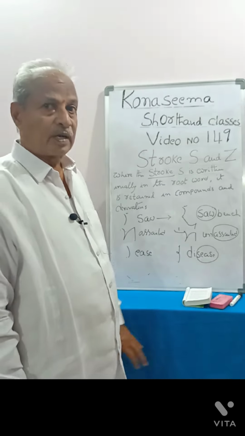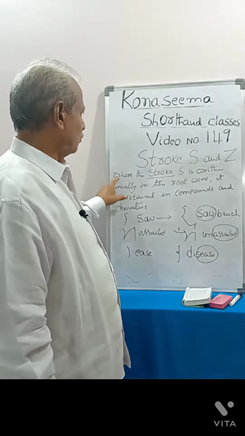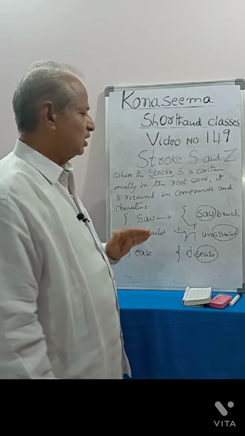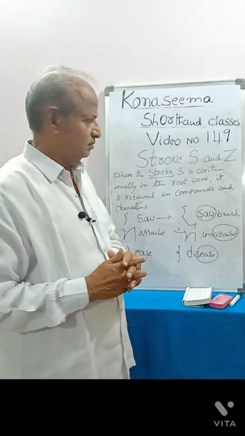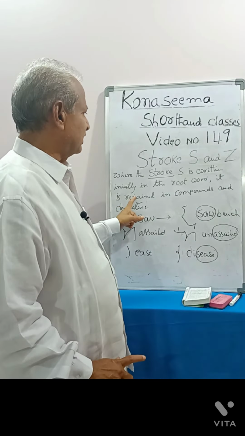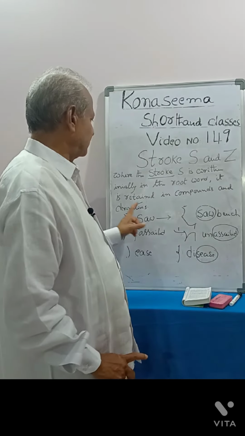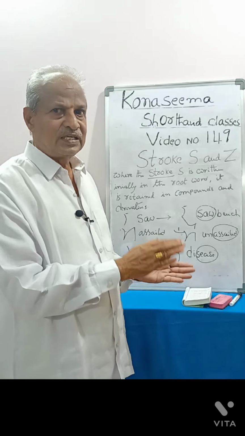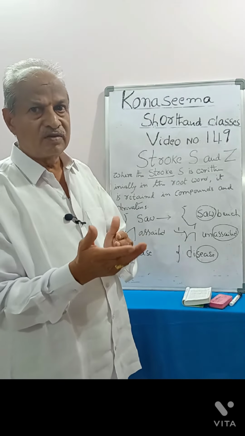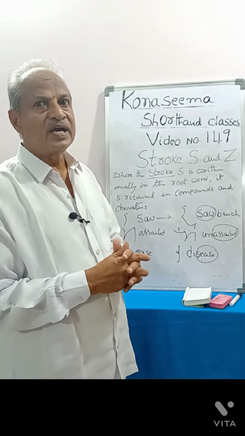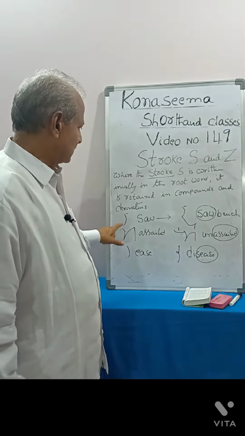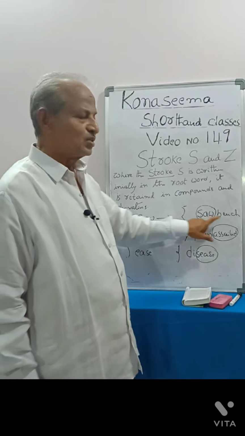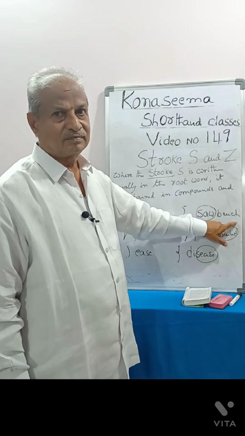See paragraph number 45: where the stroke S is written initially in the root word, it is retained in compounds and derivatives. Derivative means a word derived from a root word. For example, say is a root word, from which say bench is derived.